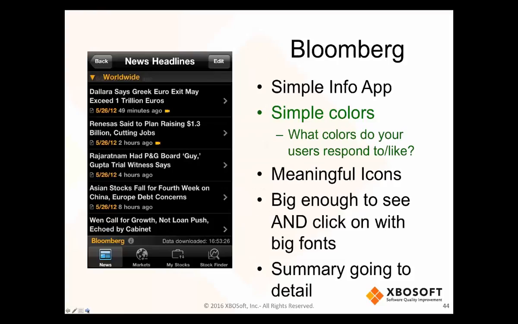Remember I talked about a guy in a warehouse and how contrast for him is very important, or contrast for a person that's outside using the app is very important to be able to see things clearly. You can see that the Bloomberg application here, I really like this because I can see it very clearly outside or inside.